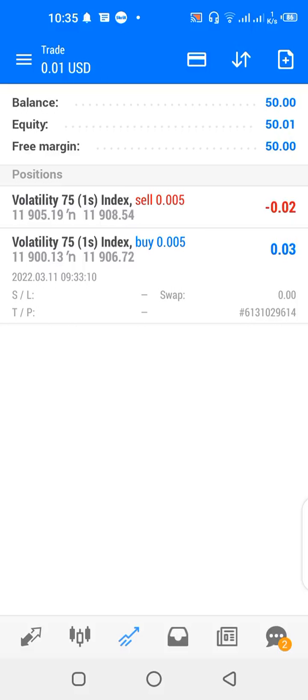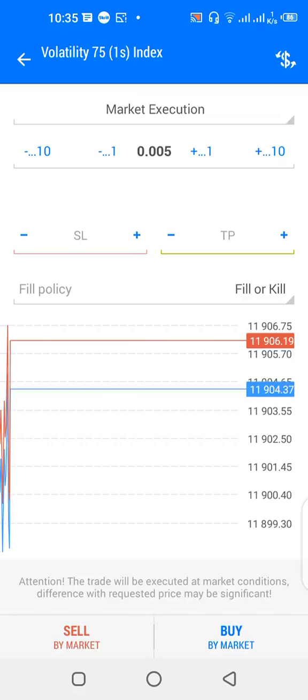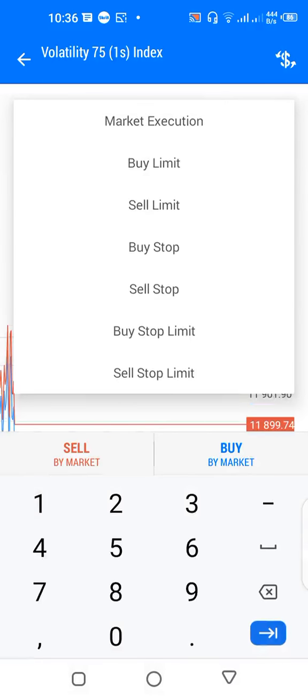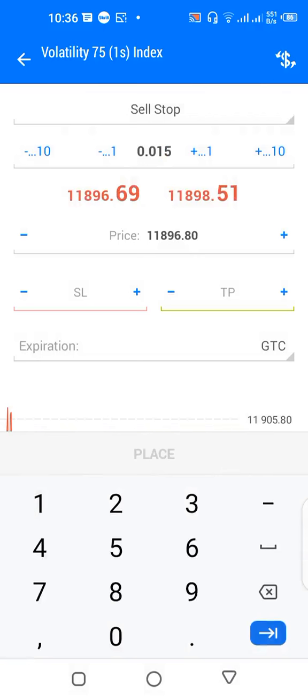So I have 119.00.13. So 125 points below will be 11775.13. So that's placing a sell stop at 11775.13.